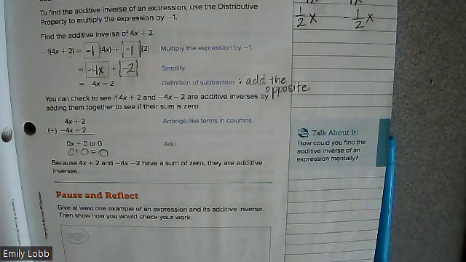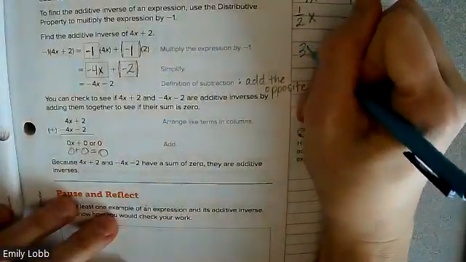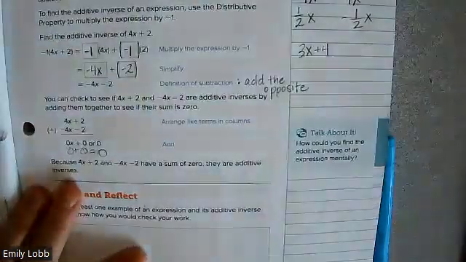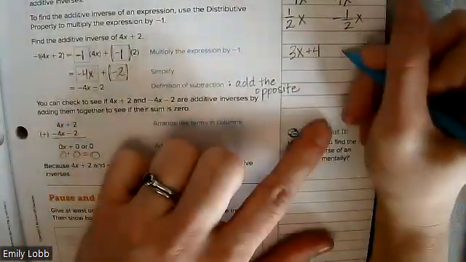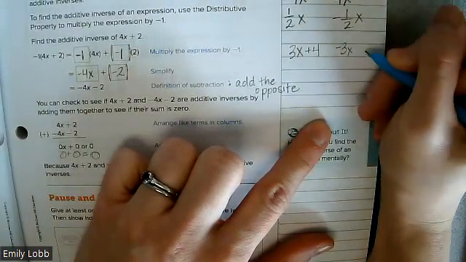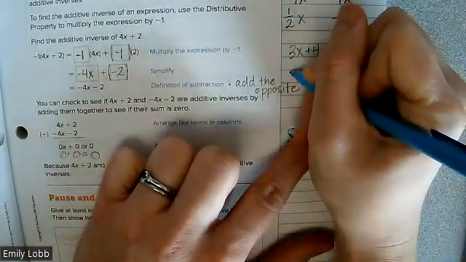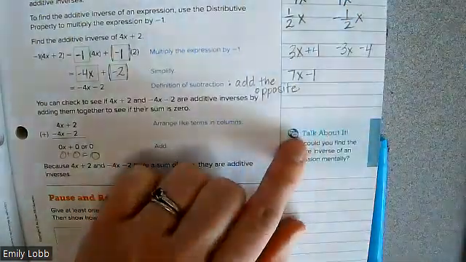So now, if I gave you an expression like 3x plus 4, what is the additive inverse of that expression? Yes, we're just taking the opposite of them. What if I gave you 7x minus 1?